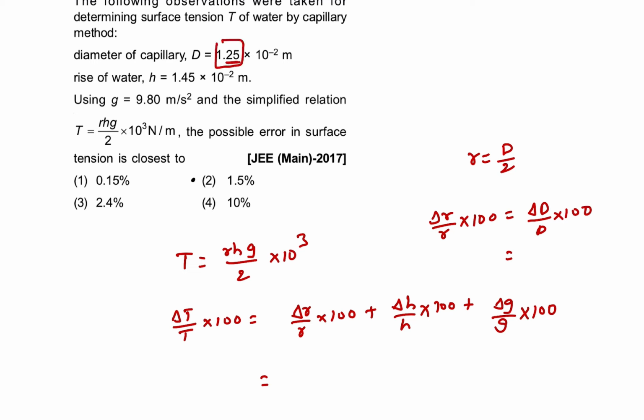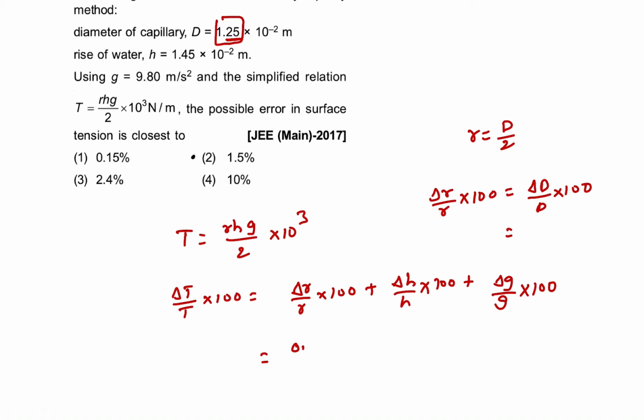If I take the delta D by D into 100 value, observe carefully here. For delta D, the error has 2 decimal places. So the error is 0.01 into 10 power minus 2 divided by 1.25 into 10 to the power of minus 2.